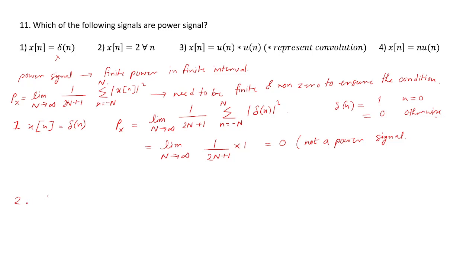Similarly for the second option, where x[n] is equal to 2 for all n, let us check whether it's a power signal or not.